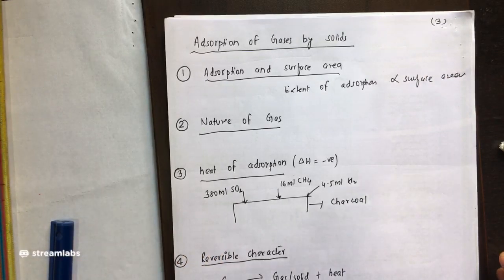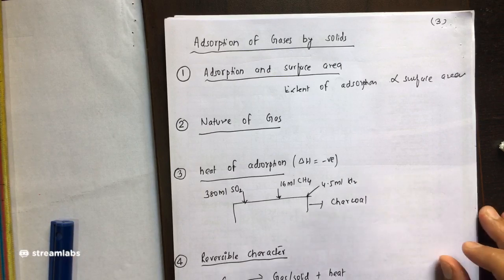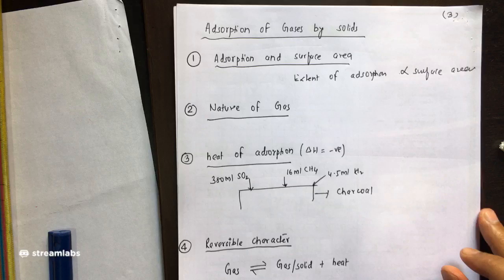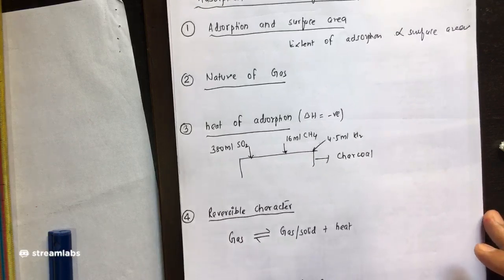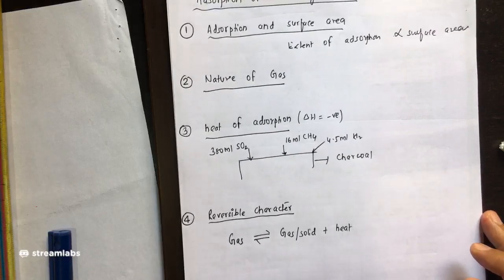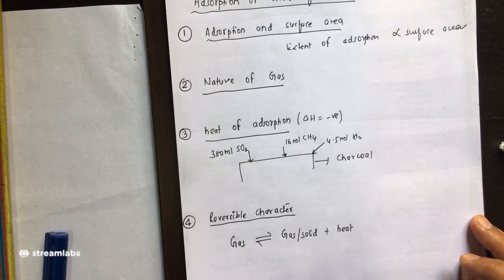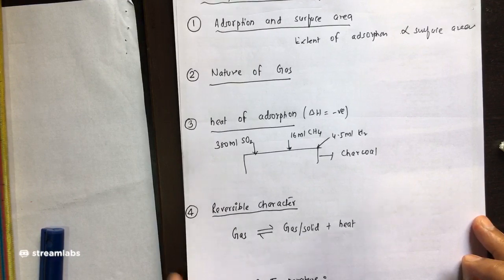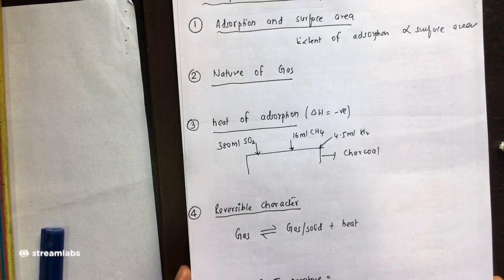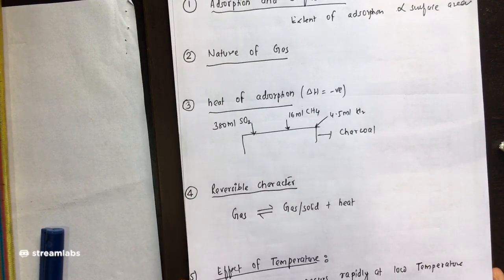More the surface area, more the extent of adsorption. And that is why, my dear students, finely divided metals, if you think of nickel, platinum, palladium, and porous substances like charcoal and silica gel, provide a large surface area, and they are the best solid adsorbents. You see that silica gel is also provided in shoes. Now think about it, why it is provided.